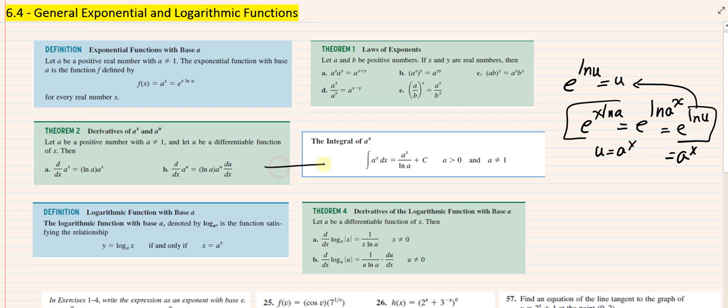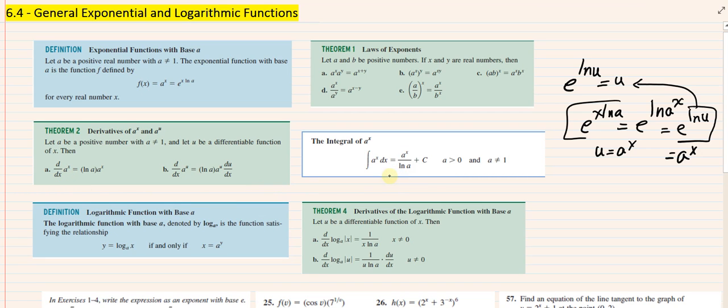And then from that, we can bounce off and come up with the antiderivative of a to the x. So here the integral of a to the x dx is going to be a to the x divided by natural log of a. And you can verify if you take the derivative of this, you get exactly a to the x.